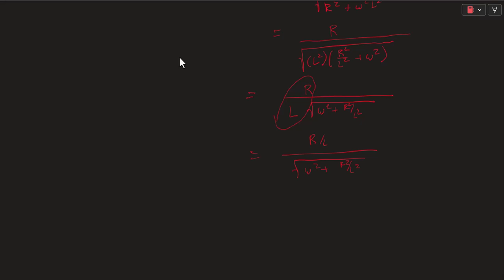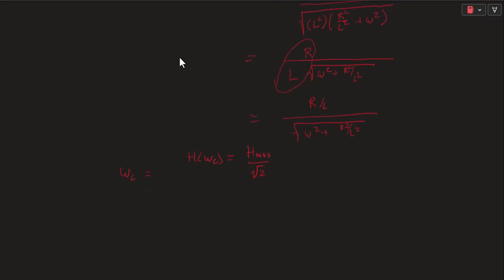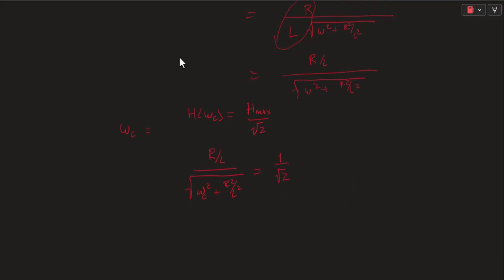So the corner frequency, omega c, happens whenever H of omega c equals H max over the square root of 2. So if I plug omega c in, I have r over L over the square root of omega c squared plus r squared over L squared equals H max, which is 1, so 1 over the square root of 2.